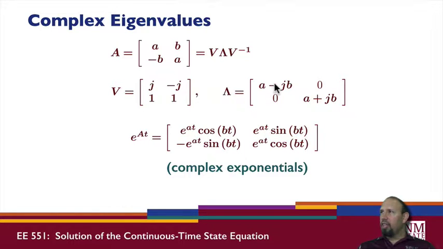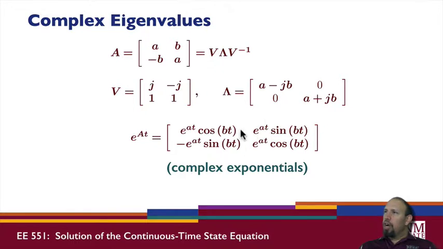The eigenvalues are like this: A minus JB, A plus JB. Because your A matrix is real, if I have a complex eigenvalue, I also have its conjugate eigenvalue, and the eigenvectors are conjugates of each other. That's the case whenever we have this kind of situation.